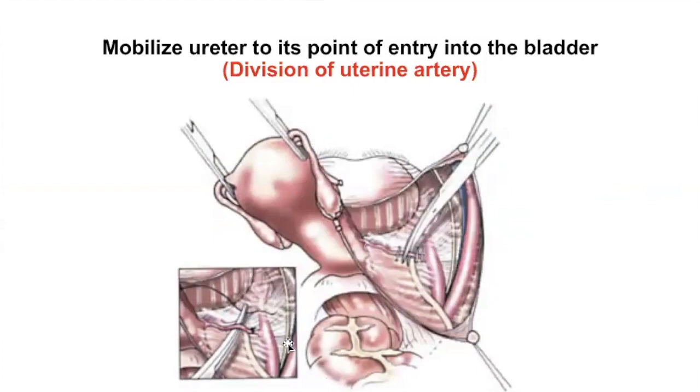It is doubly clamped, divided, and suture ligated or cauterized. Then the medial stump of the uterine artery, the medial part that has been tied off, is pulled up and over the ureter, exposing this portion of the ureter, so the ureter can then be moved laterally.